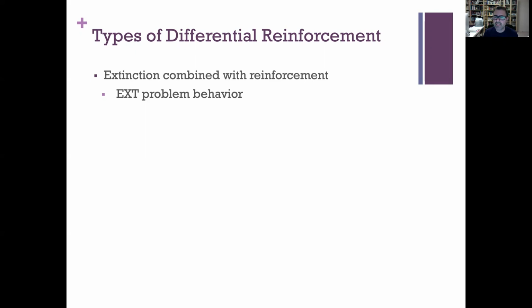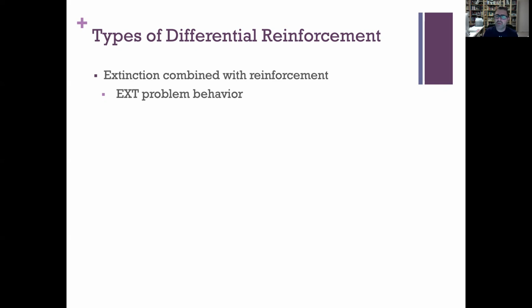And once you identify the function of the behavior, you identify whether behavior is maintained by social positive reinforcement, usually in the form of attention or tangible. If the behavior is maintained by social negative reinforcement, usually in the form of escape or avoidance of tasks, or if the behavior is maintained by automatic reinforcement, then once you identify one of those, you can withhold that specific reinforcer once the problem behavior occurs.